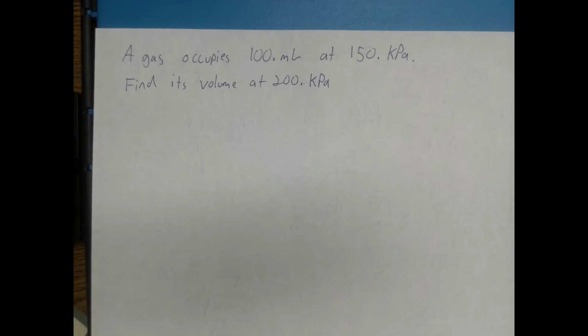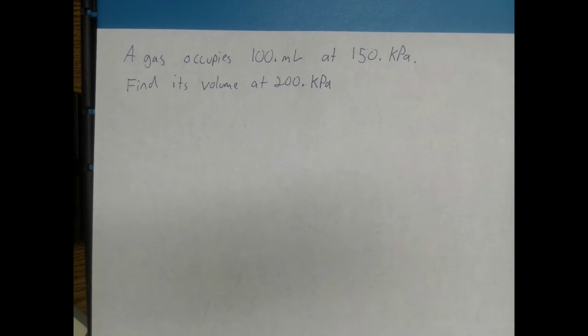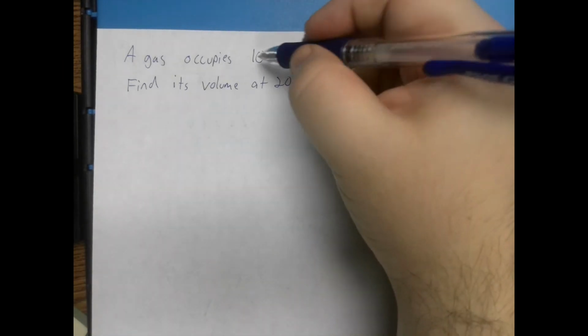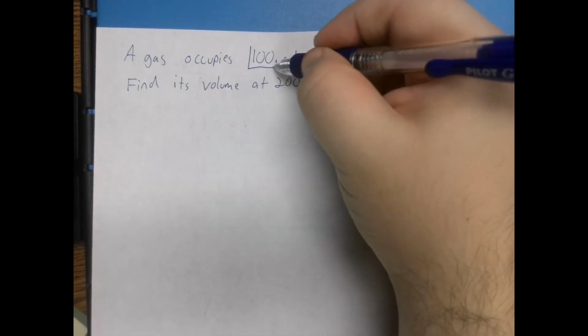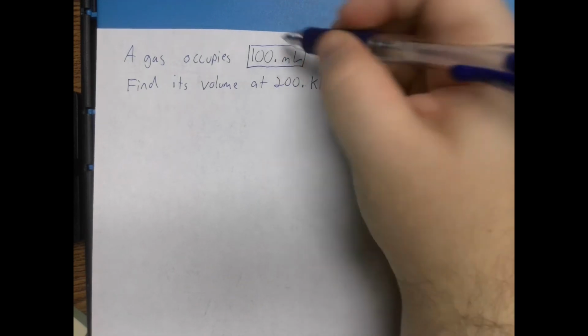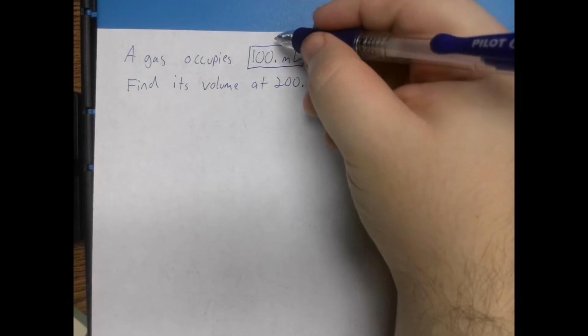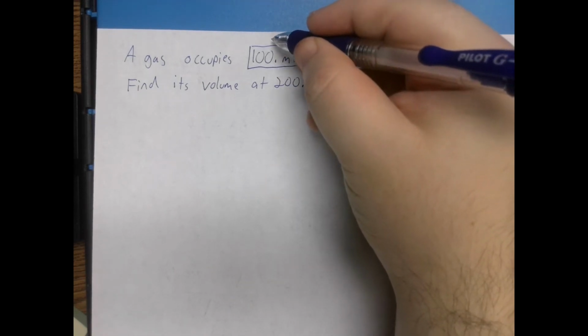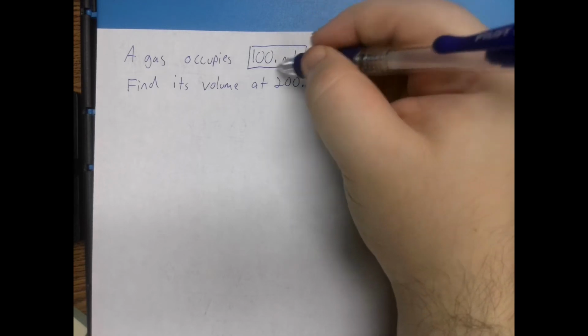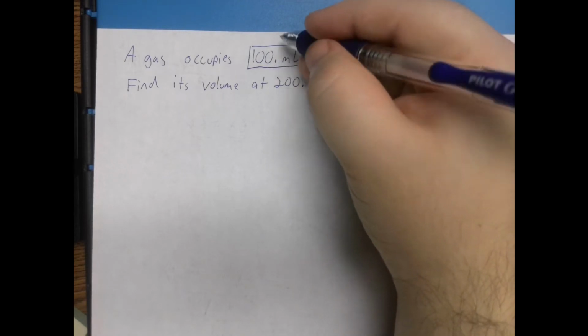So a gas occupies 100 milliliters at 150 kilopascals. Find its volume at 200 kilopascals. Again, same thing. Come over here and identify your variables. If a variable is missing, like for example, if temperature isn't talked about at all, we'll assume it's constant.